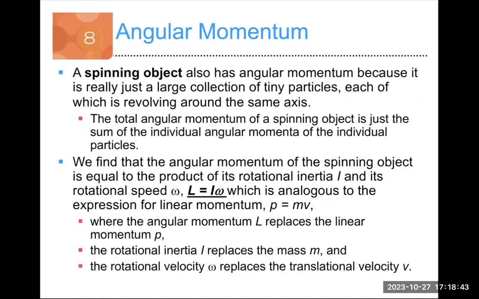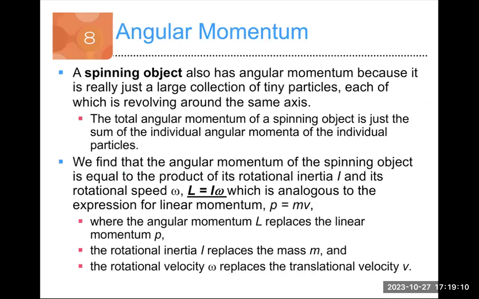Now, a spinning object will also have an angular momentum, because you just have a bunch of small particles that revolve around the same axis. So the total angular momentum of that spinning object is the sum of the individual angular momenta of the individual particles.